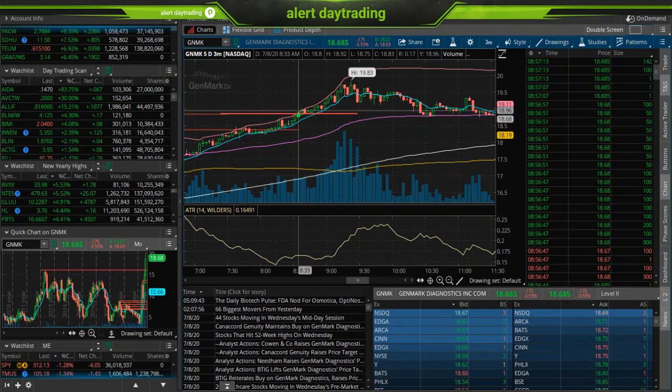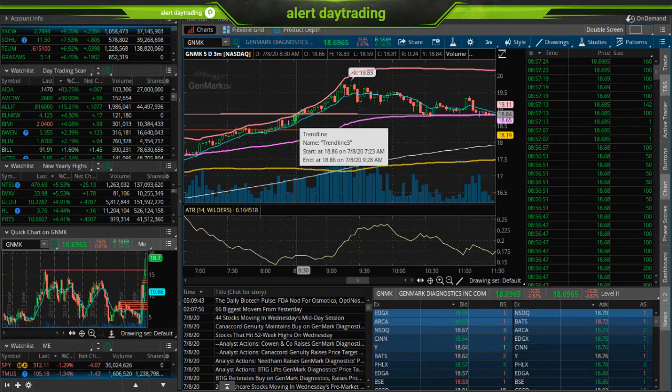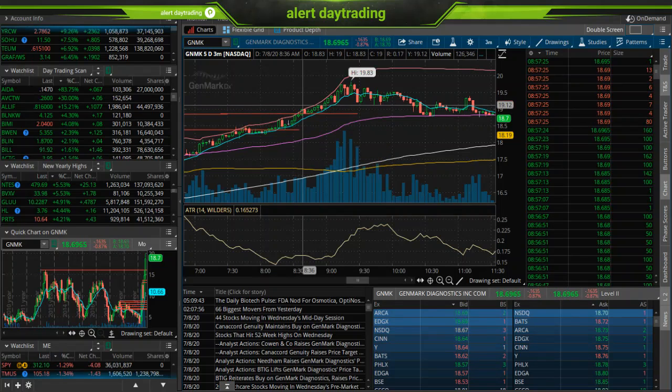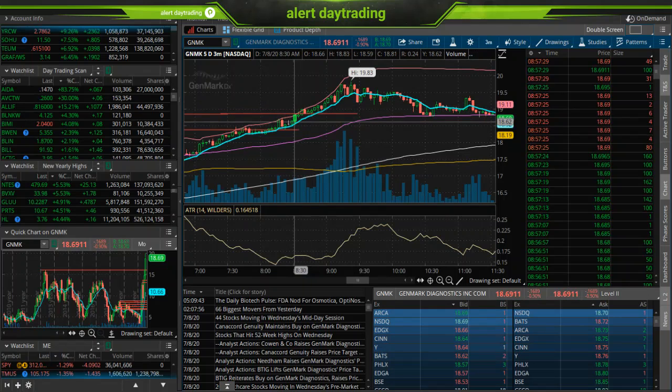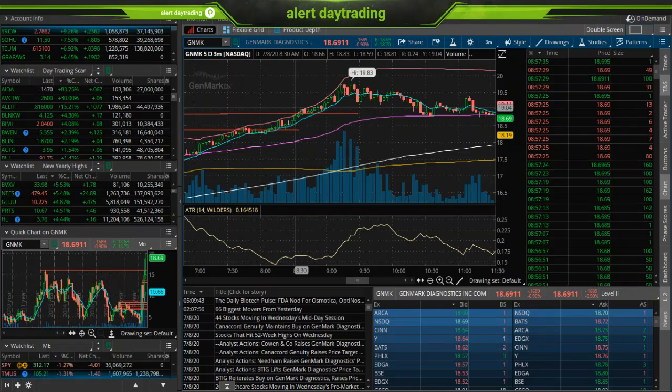So for example, we buy at 19. Stop loss is 18.80. So take profit at 19.20. You raise your stop loss to break even, so you're guaranteed to at least have 1 to 1 risk to reward. The price reaches 19.40.